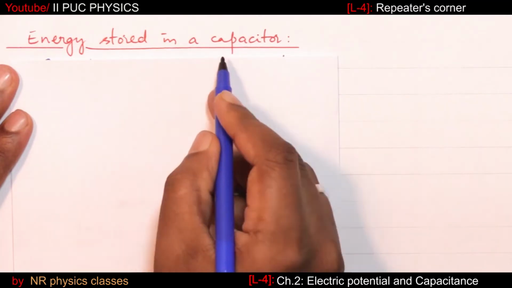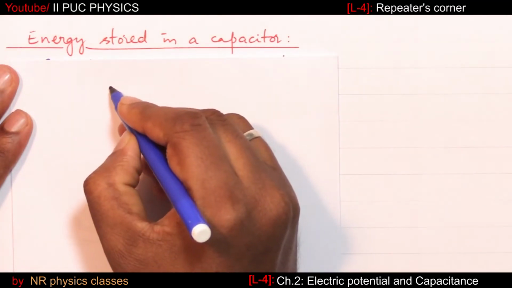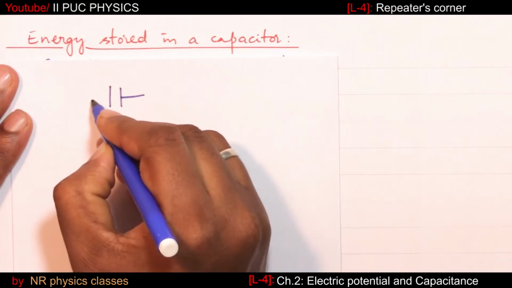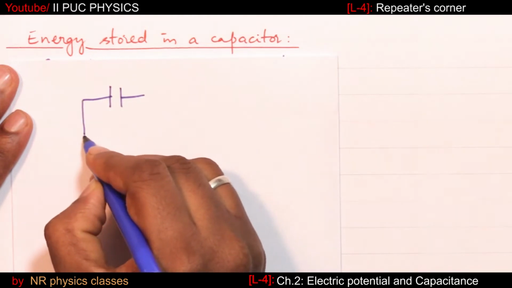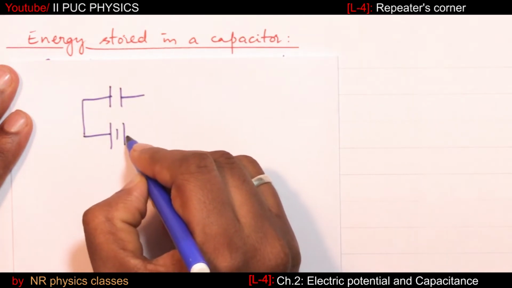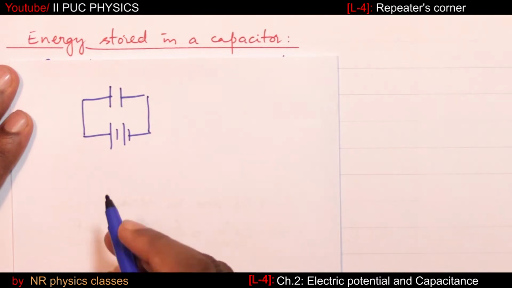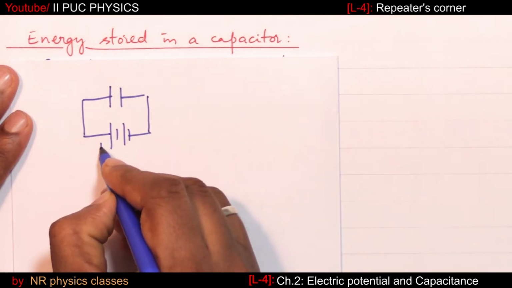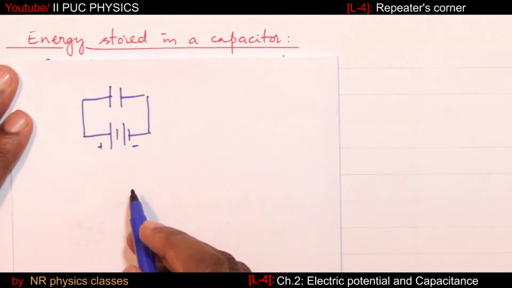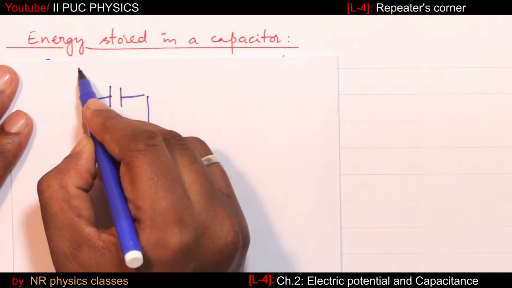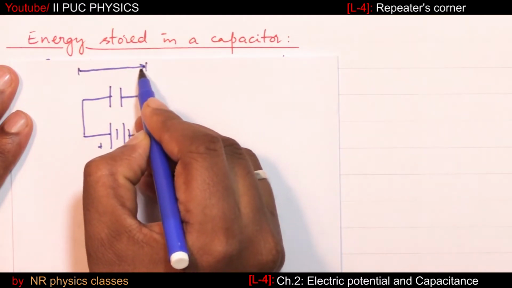Energy stored in a capacitor. This is a capacitor connected across a battery. This is positive terminal and negative terminal. Let V be the potential difference across the capacitor.